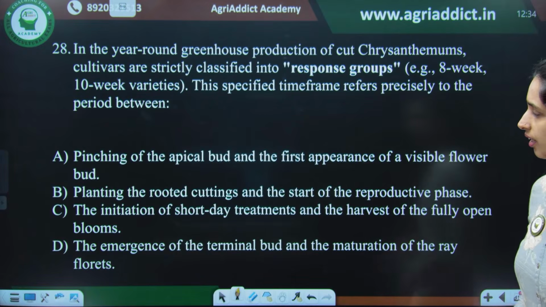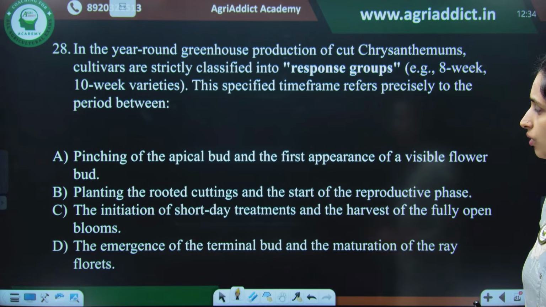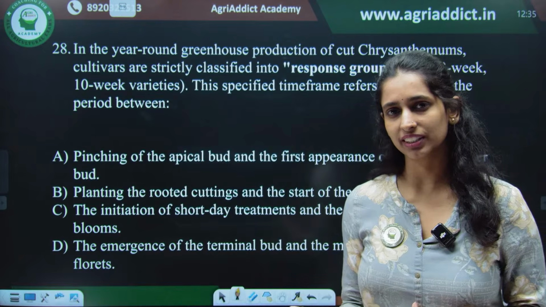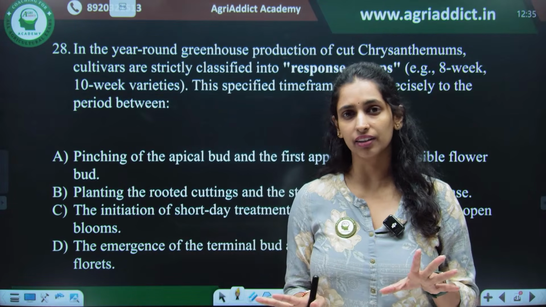So next question. In the year-round greenhouse production of cut chrysanthemums, cultivars are strictly classified into response groups like 8 weeks and 10 weeks. This specified time frame refers precisely to the period between. ये थोड़ा आउट ऑफ सिलेबस जैसा लग रहा है ना, कुछ ज्यादा है, मैं अटेंड ही नहीं करूंगी.